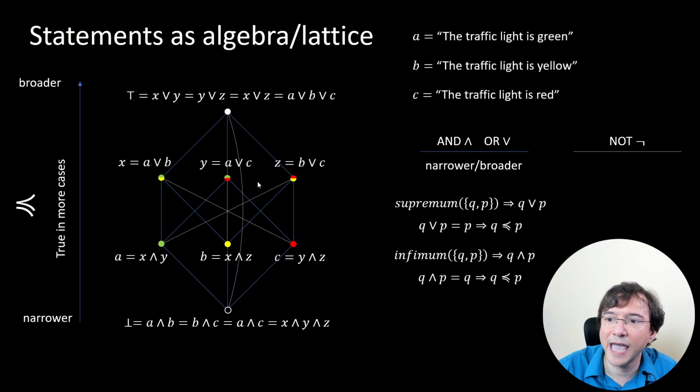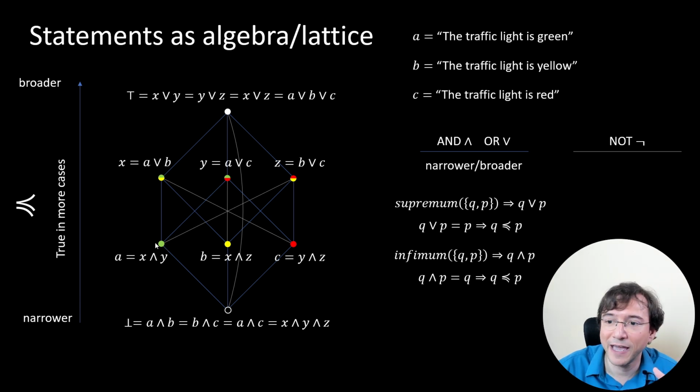And what you can see is that if you have one structure, you can define the other structure. So if you know that you have the ordering structure, for example, you know that this is broader than this and this is broader than this, but you do not know what an OR is. Well, what you can do is you take two statements, you find all the statements that are broader than those two statements, and then you find the smallest one.